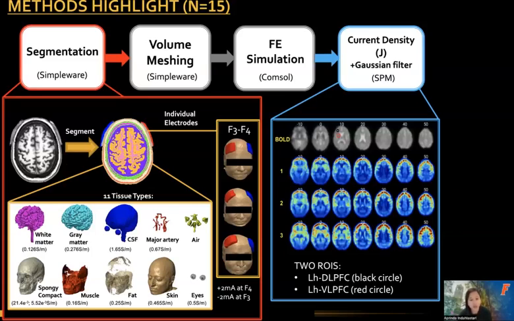In addition to the tissue, we also segmented the electrodes. The electrodes are located at F3 and F4 locations. F4 here is the anode where we apply a current of 2 milliamps, and F3 is the cathode where we remove current. I included 3 head models out of 15 to demonstrate the variation of electrode location.